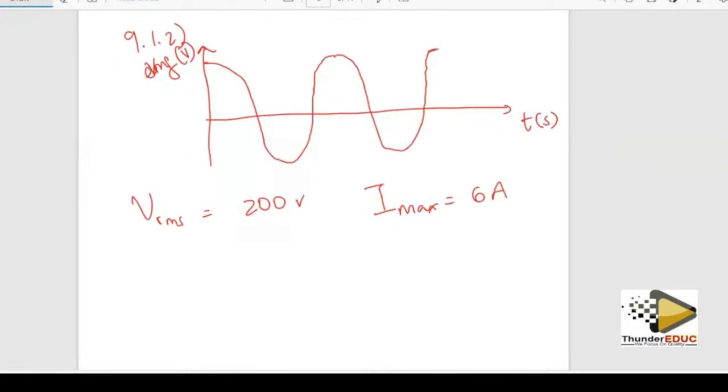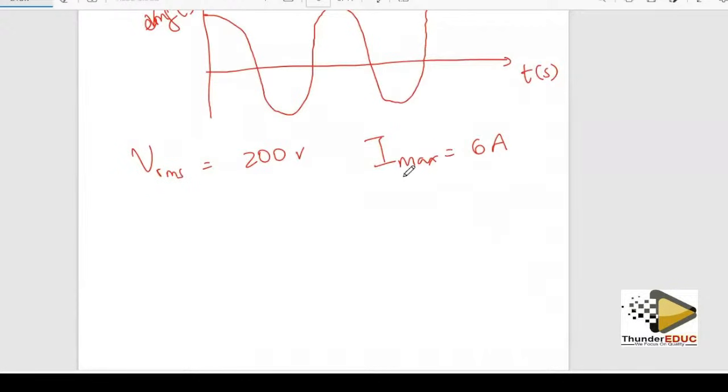Before we get the resistance, I need to change this maximum current to the root mean square current. So I RMS is going to be 6 over root 2, since we know that I max is the same as I RMS times root 2. Then from Ohm's law, V is equal to IR.